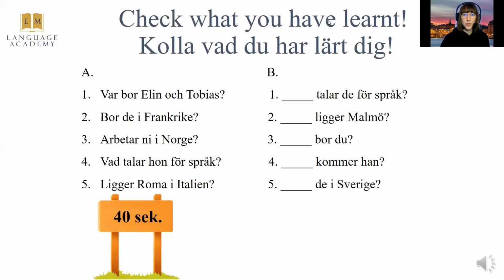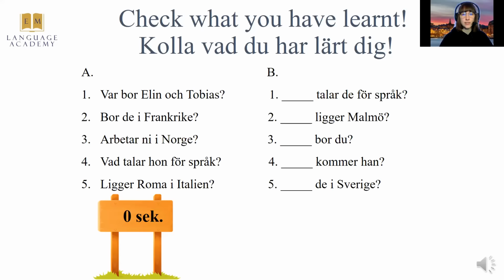So again, to check whether we really understand what we're doing, let's revise 2 types of questions again. And we have 2 exercises here, exercise A and exercise B. In exercise A, you have to identify what type of question is hidden in these statements. Is it a question starting with the question word, or is it a question starting with the verb itself?